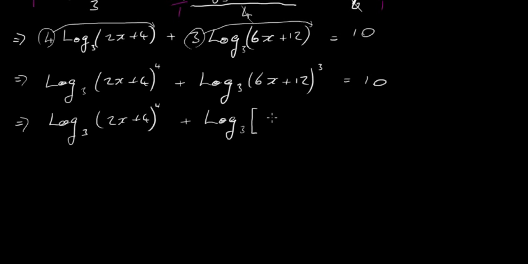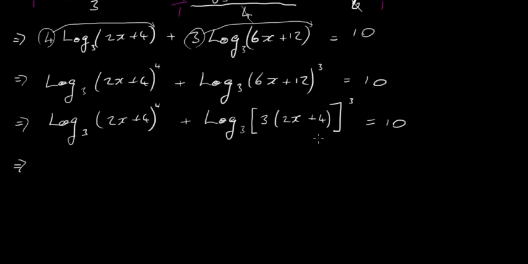What I'm going to do here is factorize this. I'm going to take out 3, so I'm going to end up with 2x plus 4, and all of that's to the power of 3, and that's equal to 10. So all I've done is factorize this 6x plus 12 to give me 3 times 2x plus 4. Because I'd like to have a 2x plus 4 and a 2x plus 4 here.